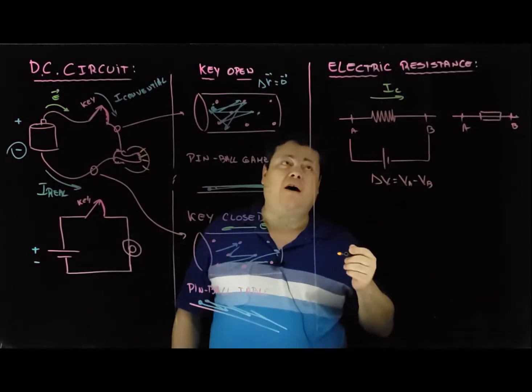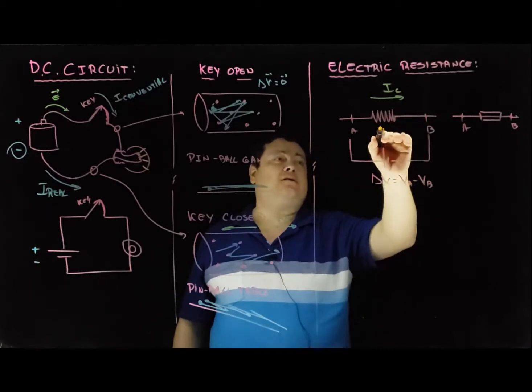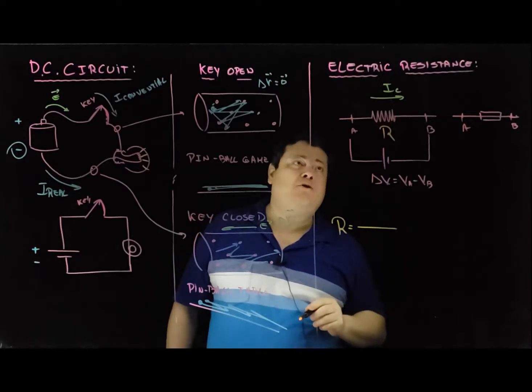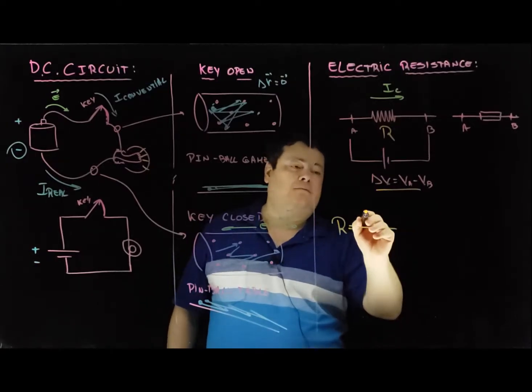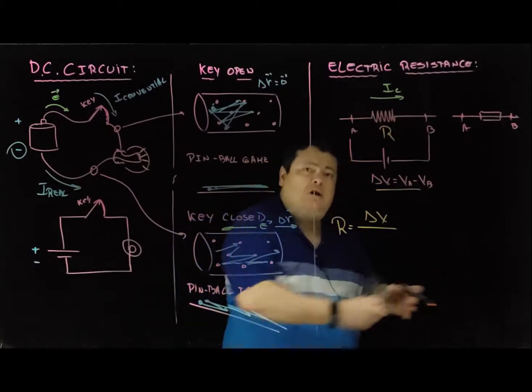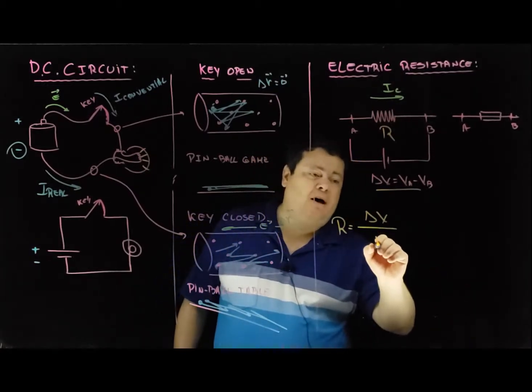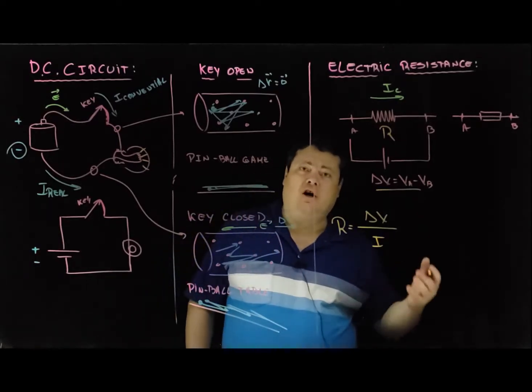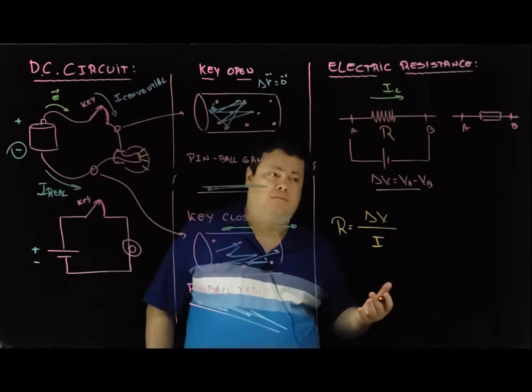And we define electric resistance R as being the ratio between the voltage applied, which can be understood as a pressure to push electrons through, divided by the current that I get, which is the charge's response. Okay?